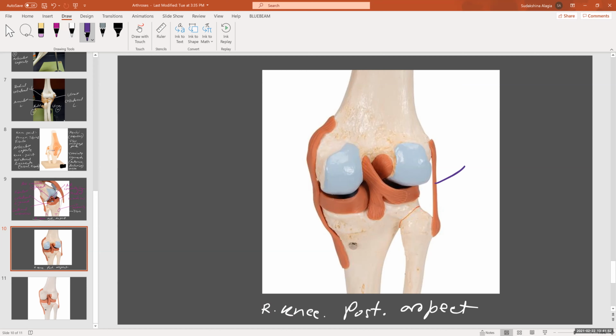As you can see here, the fibular collateral ligament, we already learned this. Here is the tibial collateral ligament, medial meniscus, lateral meniscus.